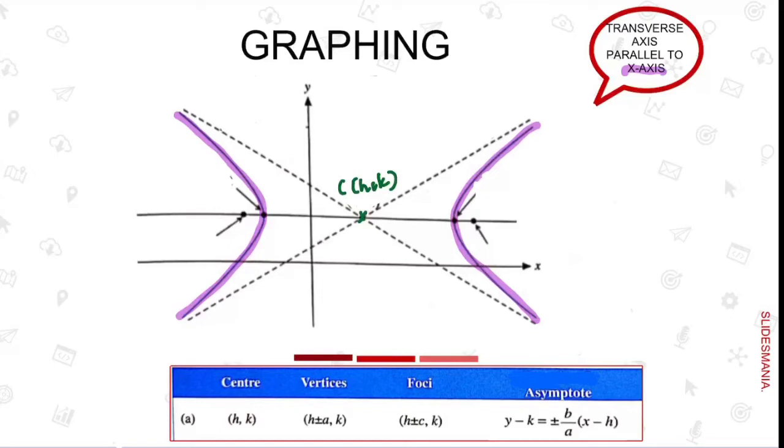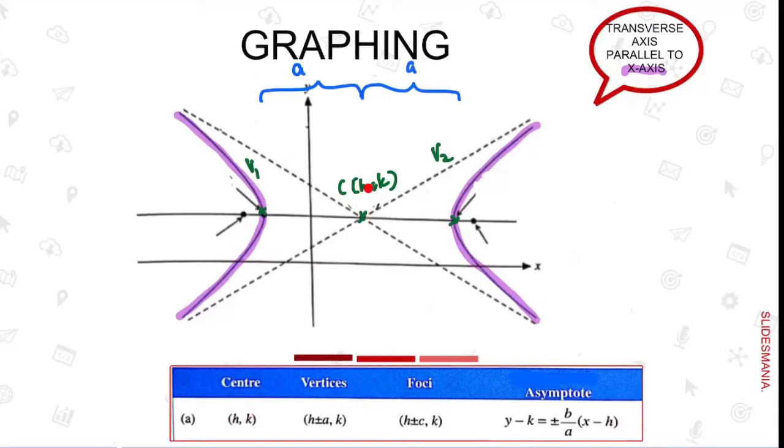So let's fill in your vertices. This should be your vertices. Let me write them as V1 and V2. How about the coordinates of the vertices? Let's check from the center to your vertices: the distance is a.